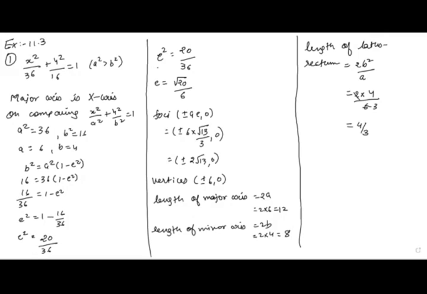So here it will be root 20 by 6, and this 6 and 6 will get cancelled out, and I will have my foci as plus minus root 20 by 0. Rest all is correct.